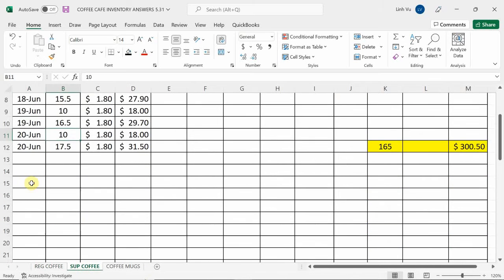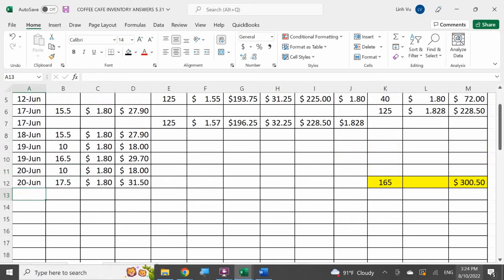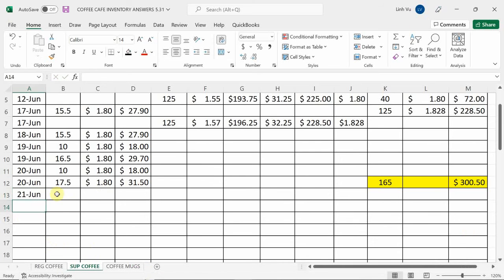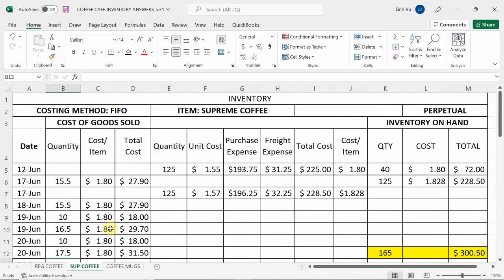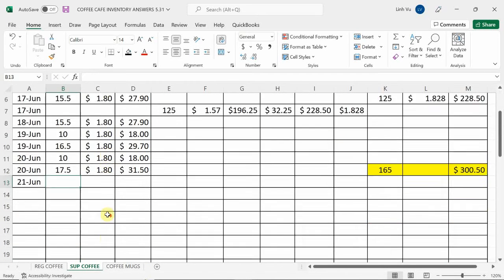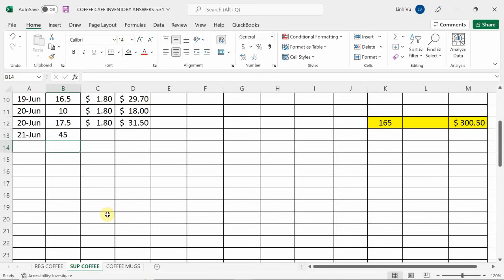So let's take a look at my Supreme coffee. I sold a grand total of 45 pounds of Supreme coffee. Let's take a look at our batches of inventory.